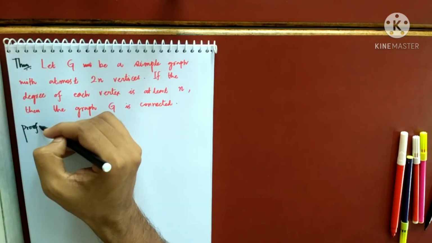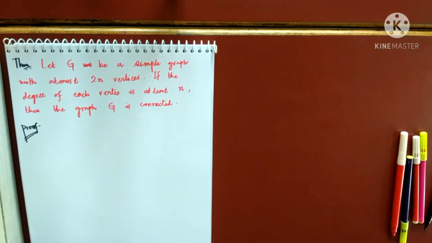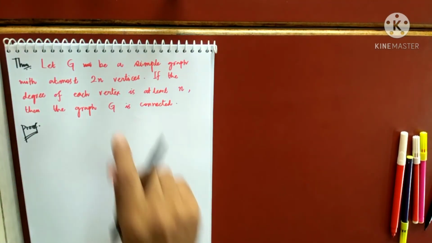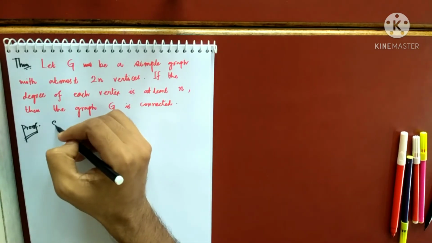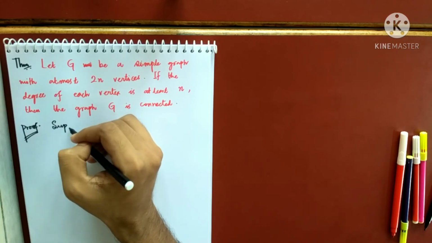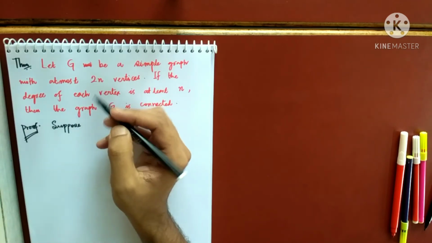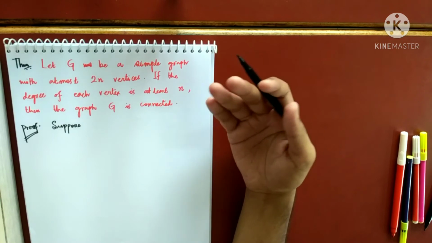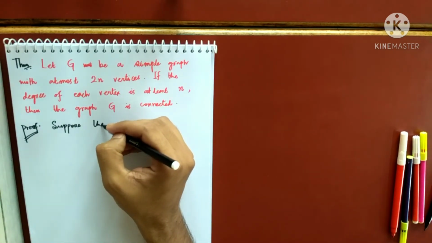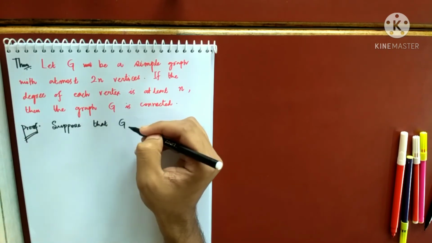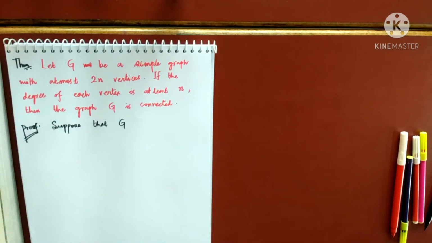The proof is just a corollary to the previous theorem. I'll do it very quickly. I have to prove that graph G is connected. Suppose this is not true. That means suppose that my graph G is disconnected. I'm doing the proof by the method of contradiction.